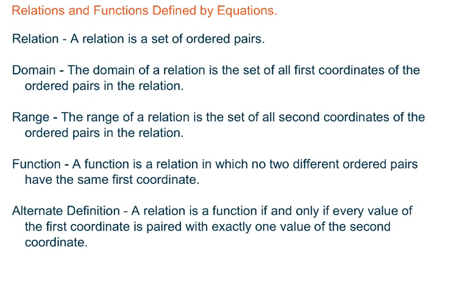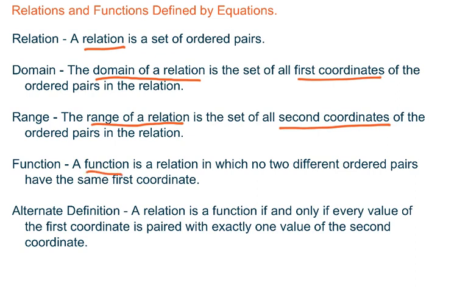A relation is a set of ordered pairs, just any set of ordered pairs. The domain of the relation is the set of all the first components. The range of the relation is the set of all the second coordinates of the ordered pairs. A function is a special kind of relation.